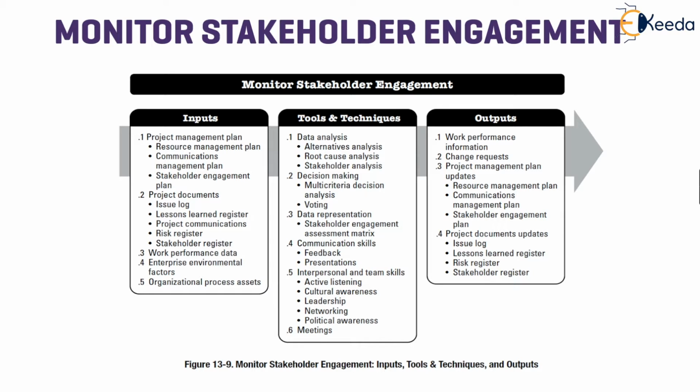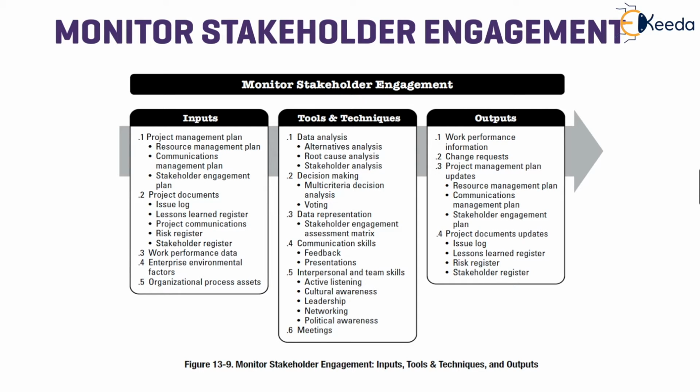Last is monitor stakeholder engagement. The inputs to this from the previous processes are the project management plan, project documents, work performance data, organizational process assets, and the enterprise environmental factors.